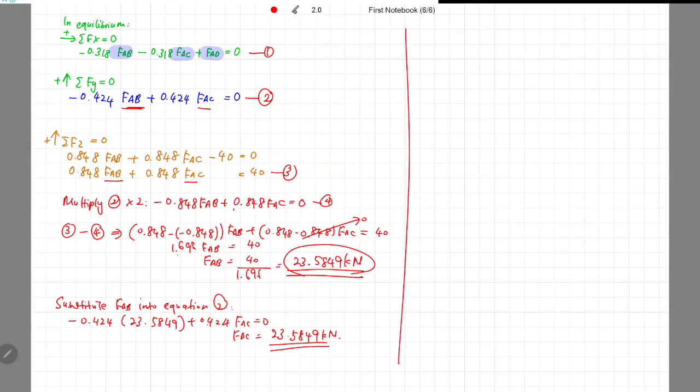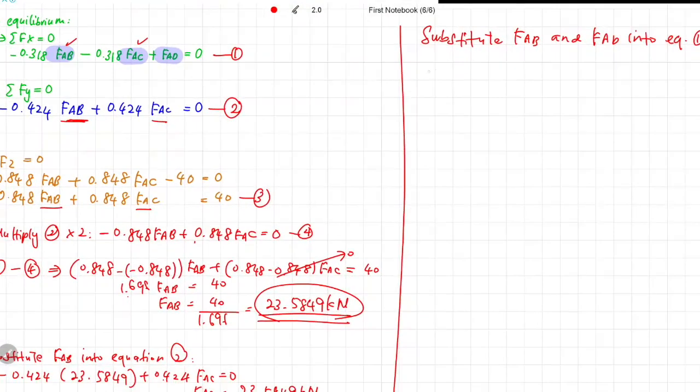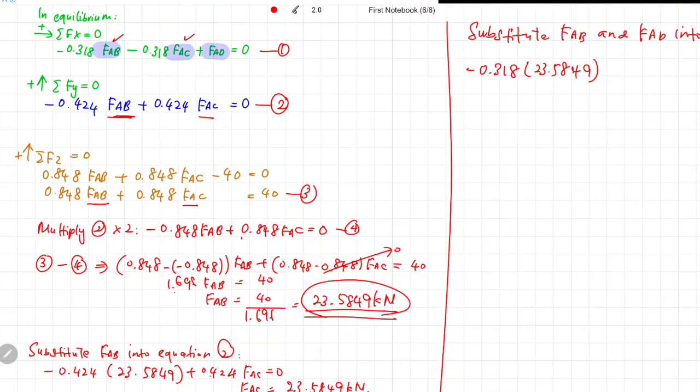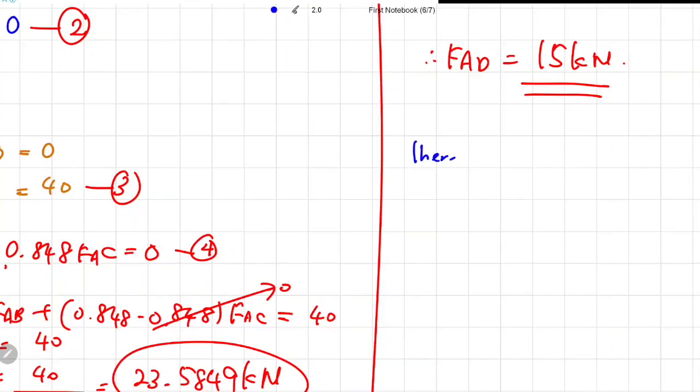Okay, nice. Now kita dah dapat the value for FAB, kita dah tahu value for FAC, so we can easily calculate the value of FAD by substituting these two new values that we calculate into equation 1. So simply solving for this equation, I will get the new value of FAD to be 15 kilonewton. At the end of the day, it would be nice if you can summarize all your calculations in a nice statement like this.